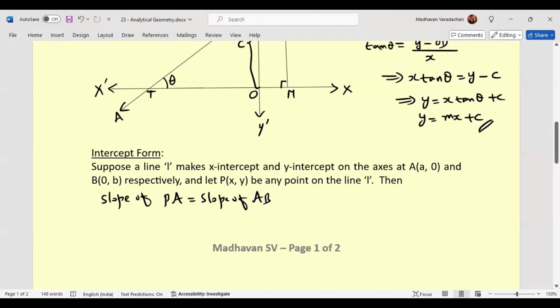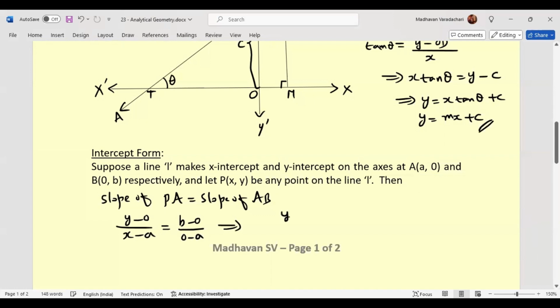So slope of PA, if you consider P and A, it is change in y, which is y minus 0, divided by change in x, it is x minus a, is equal to slope of AB. So change in y is b minus 0 divided by change in x, 0 minus a.